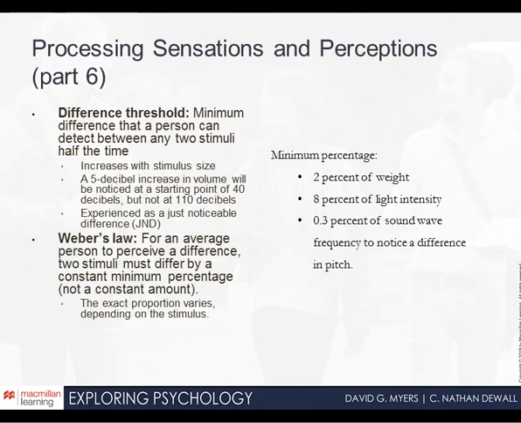So we now know how much more or less of something needs to be there, by way of percentage, for you to be able to detect a difference between the two stimuli. Again, this is the difference threshold, detected at least half the time.